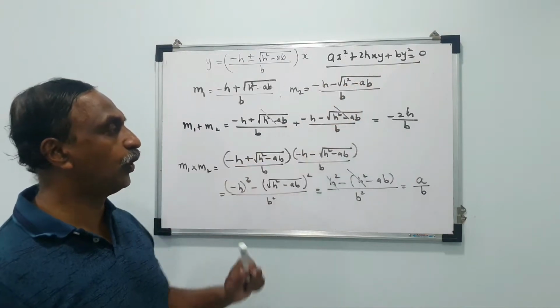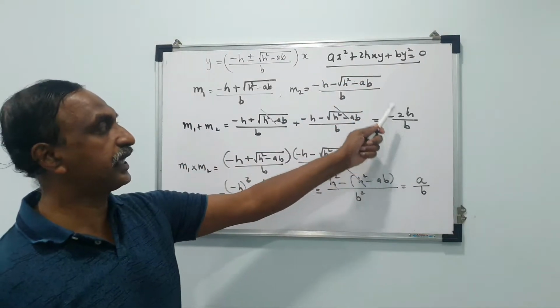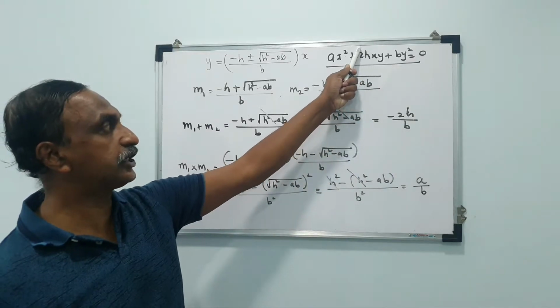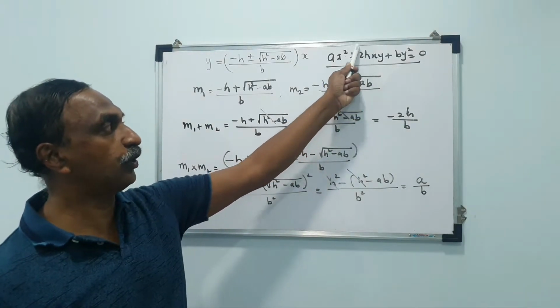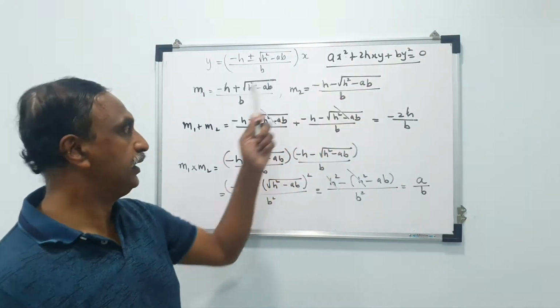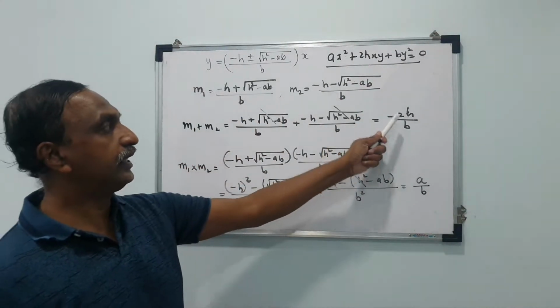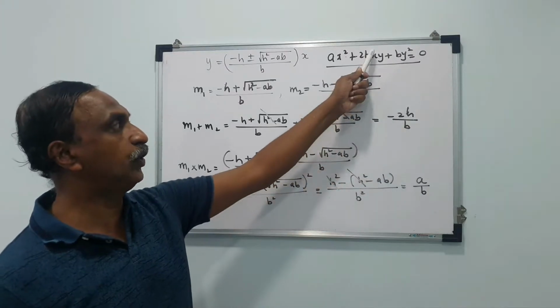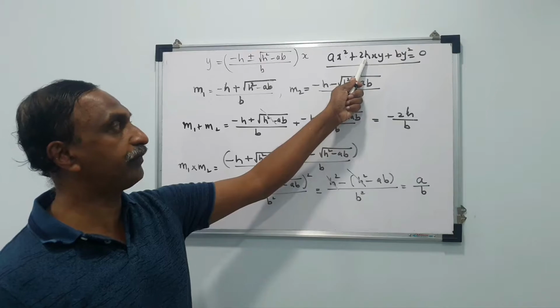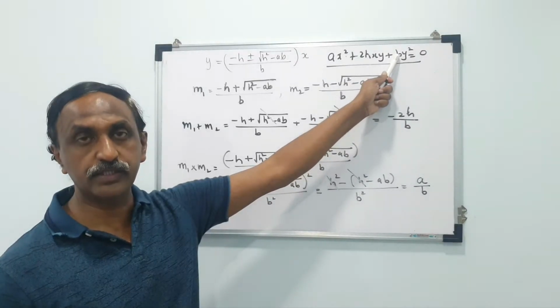What is the sum of the slopes? The sum of the slopes can be derived just by looking at the equation. Minus 2h stands for minus of the coefficient of xy, and b stands for the coefficient of y². So if you remember this formula, you can directly calculate the sum of the slopes: -2h/b, minus the coefficient of xy divided by the coefficient of y².